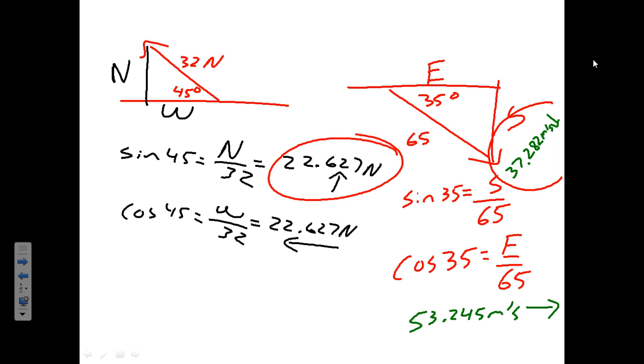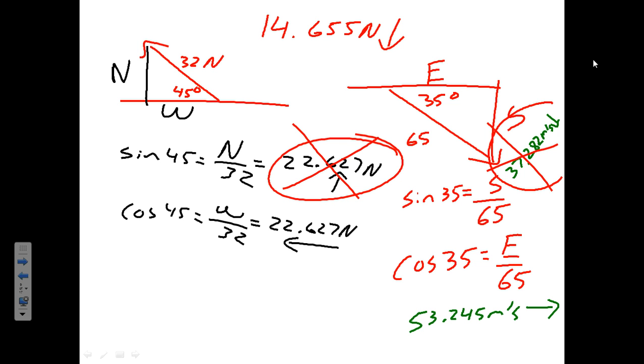So minus 22.627, and we end up with 14.655 newtons south. So that takes care of this. And it takes care of that. And those are now combined to each other.